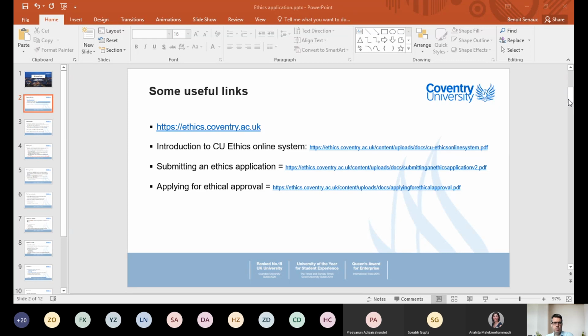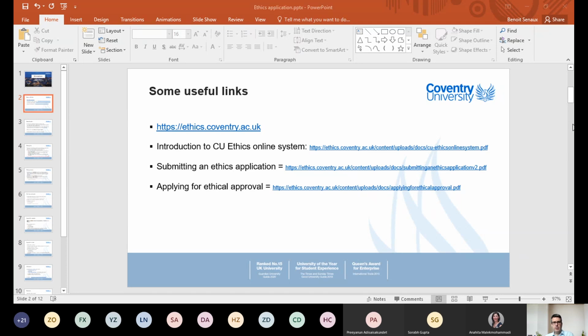And the first thing you will have to do, and we can do that at the end of this session, is creating your profile. To create your profile, you basically will have to put your name, your faculty, your school, so FBL, Faculty of Business and Law, SMM, and you will have to select a supervisor. So normally you've been sent your supervisor, otherwise we can discuss at that time.